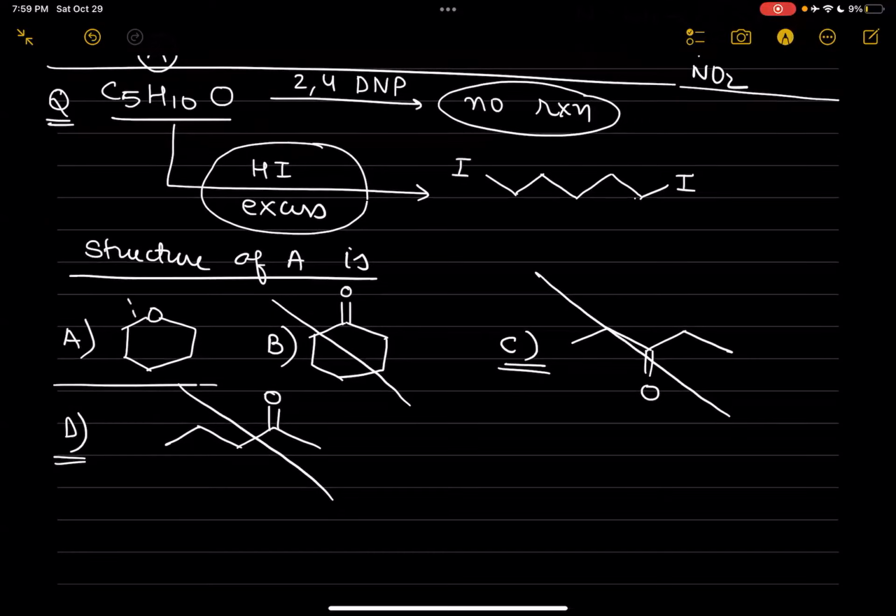Any idea? I think it's in the haloalkanes chapter. Yeah, in the ether. We cleaved ether with HI. Remember? ROR with HI gives ROH plus RI. And if you take excess HI, water is going to come out and add it. So it is the reaction of the ether.